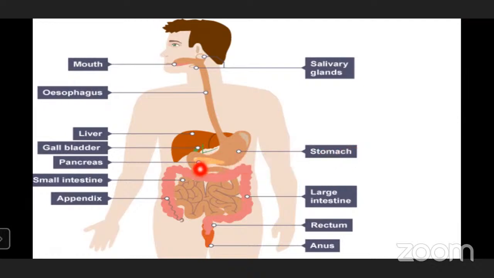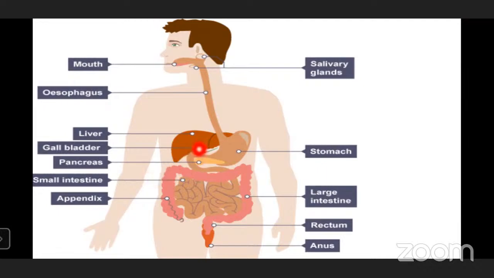Yes, yellow color material is there. Dear students, let us have a look here carefully. Pancreas, and this one is liver, and a small pea-like structure is there, in green color.